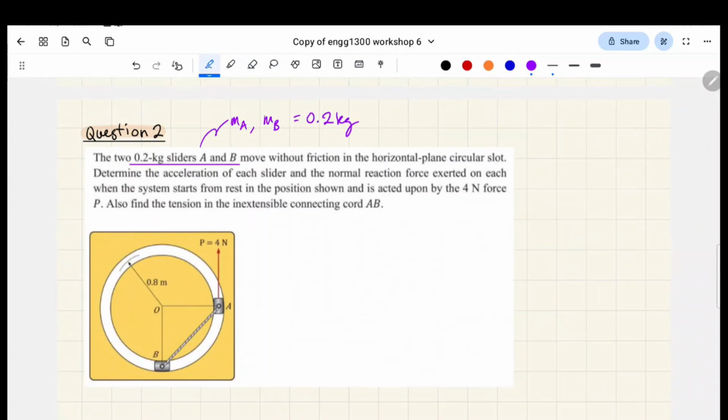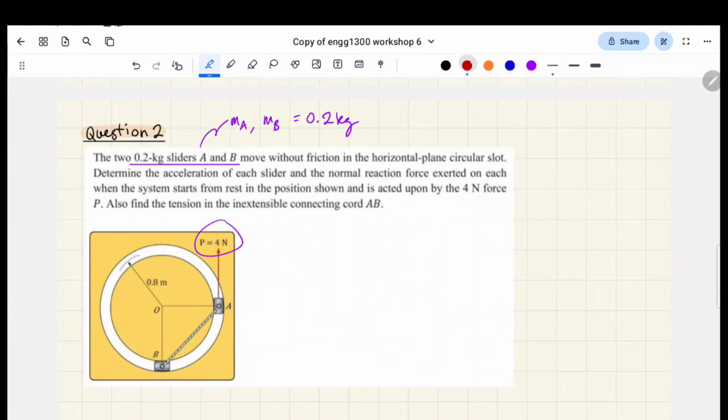And we have this force that's pulling slider A due north, I guess you can call it. Yeah, and then there's this rope, right, that's keeping them tied together, right? So there's going to be some sort of tension force in this question.